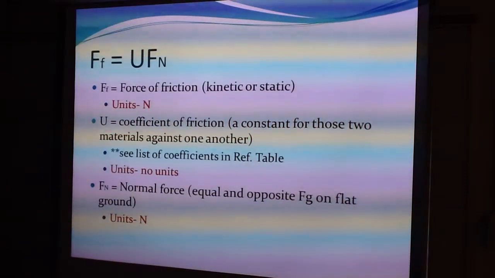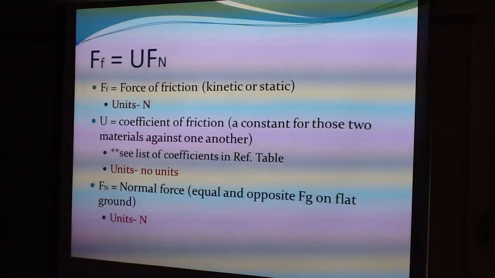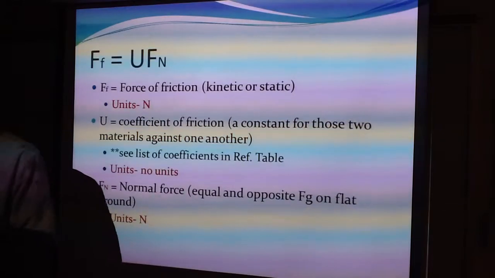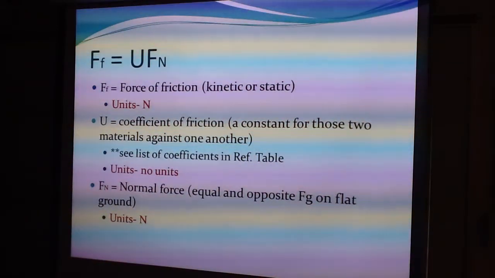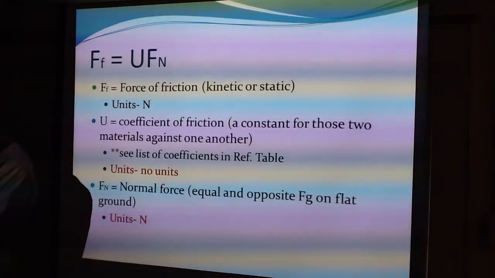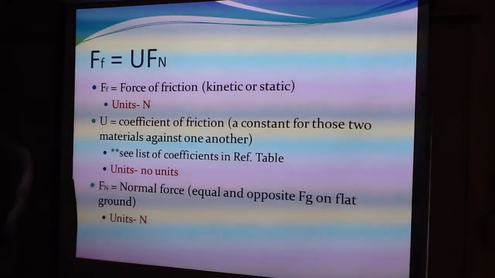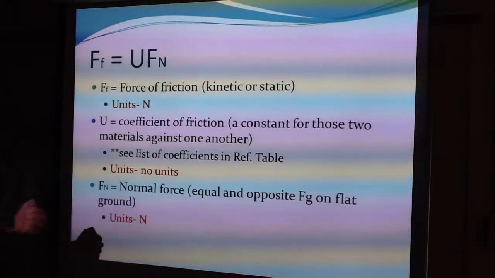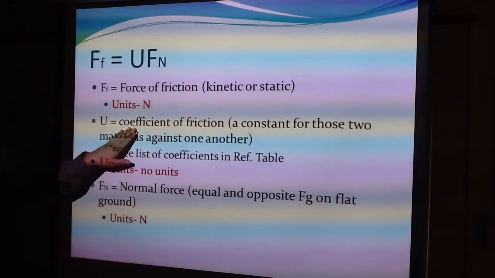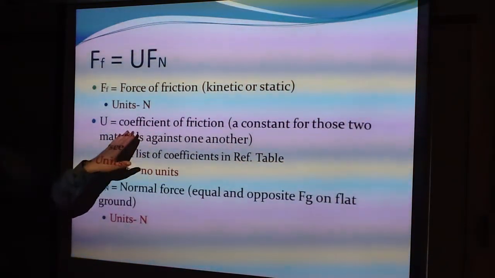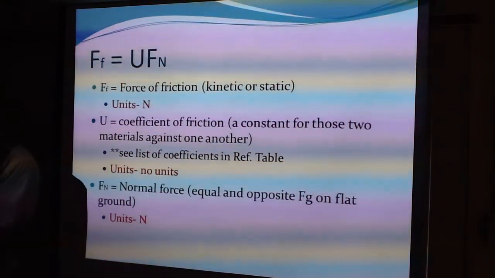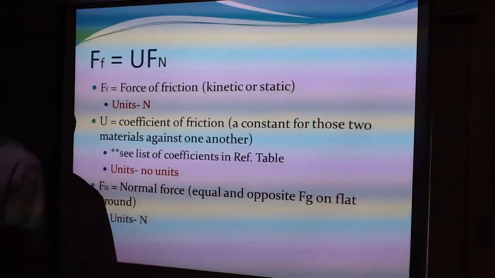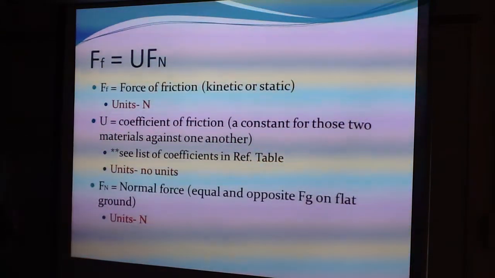If you try to slide a rubber tire across asphalt, because that was our example earlier, is that easy to do? Rubber and asphalt, are they sticky towards one another or are they slidey on one another? Sticky. That would give you a certain mu value. In comparison, what if I took the same rubber tire and I tried to slide it on a sheet of ice, like on a pond?